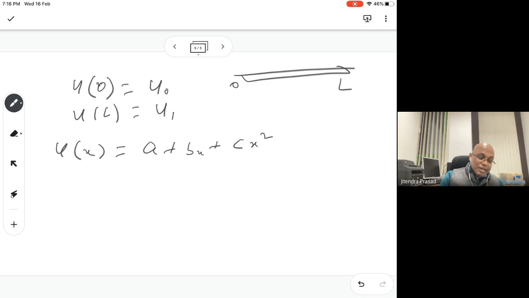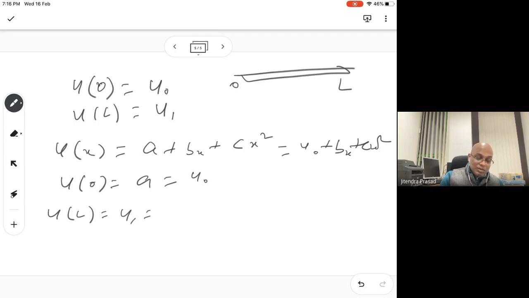Then u at 0 will be equal to a only, which is equal to u naught. So it will be u naught plus bx plus cx square, and then u at L is equal to u1, so it will be u naught plus bL plus cL square.